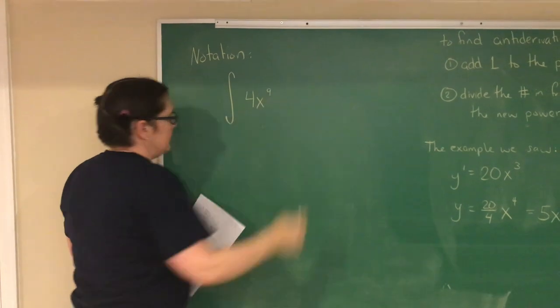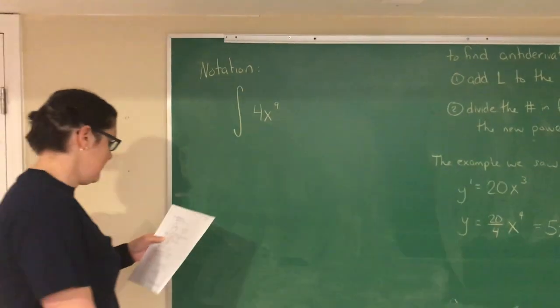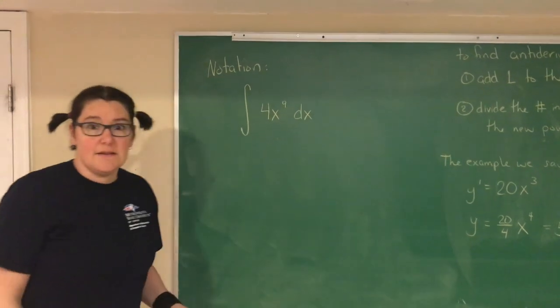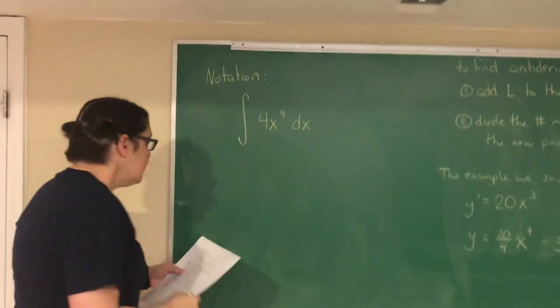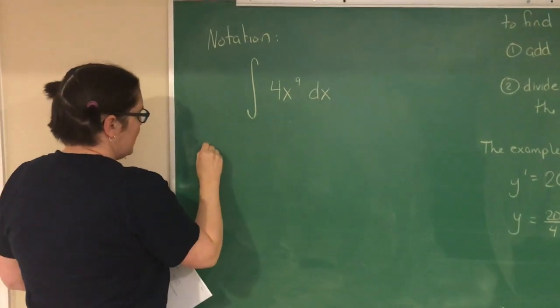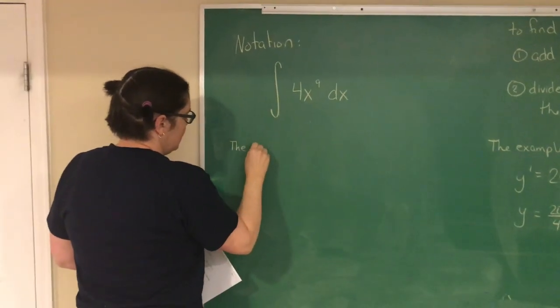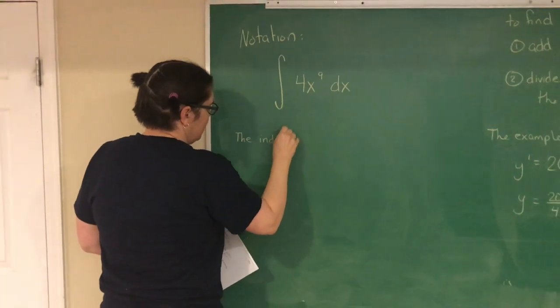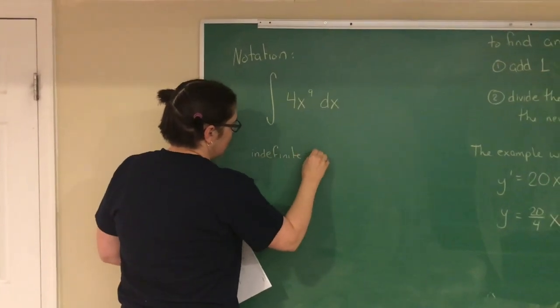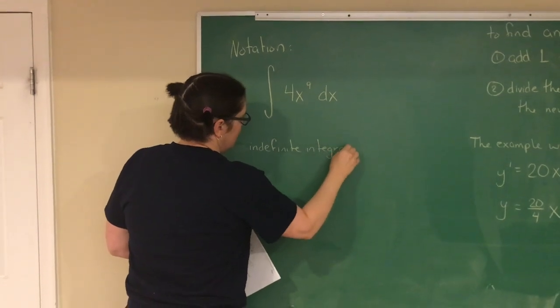In this case, I'm writing 4x to the 9th. And then there's this dx at the end. And this notation that I read here, this is an example of an indefinite integral.